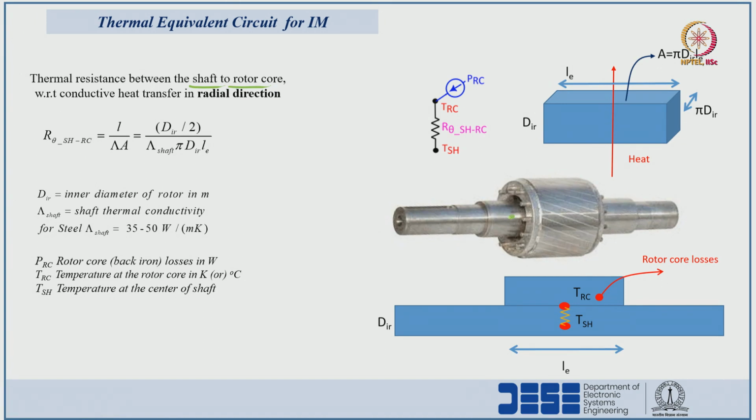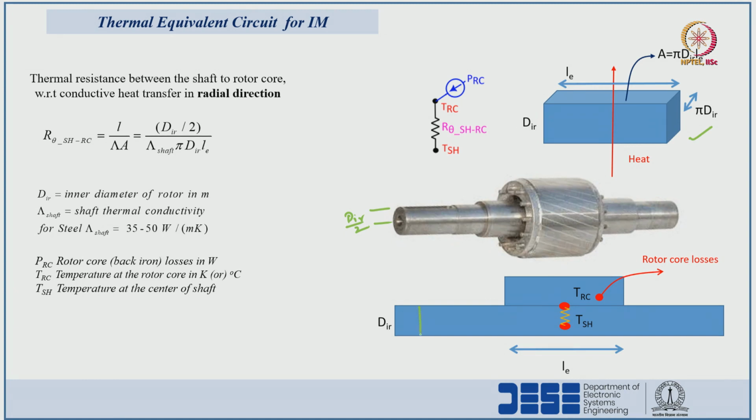So, from the midpoint of the shaft to the starting point of the rotor core, it is nothing but L by lambda A. Here L represents the thickness of the material with respect to the heat flow, and the thickness with respect to the shaft is nothing but dir by 2, the inner diameter of the rotor divided by 2.